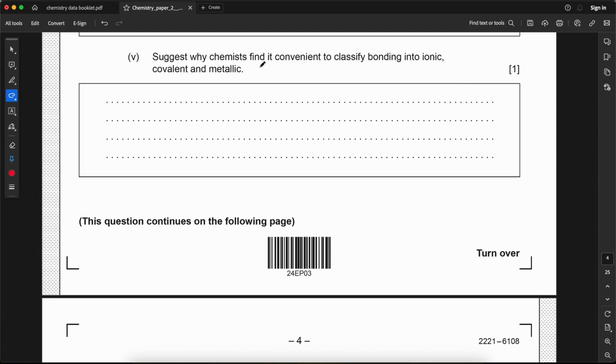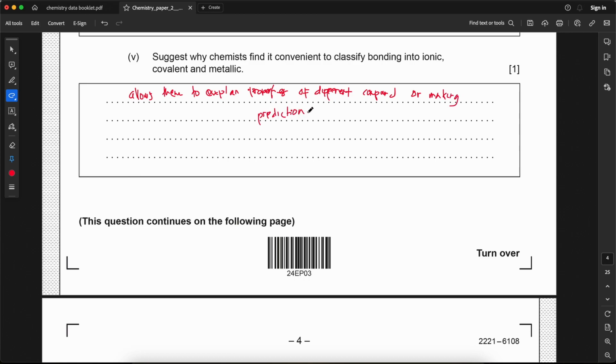Suggest why chemists find it convenient to classify bonding into ionic, covalent, and metallic, because it allows them to explain properties of different compounds or make predictions.